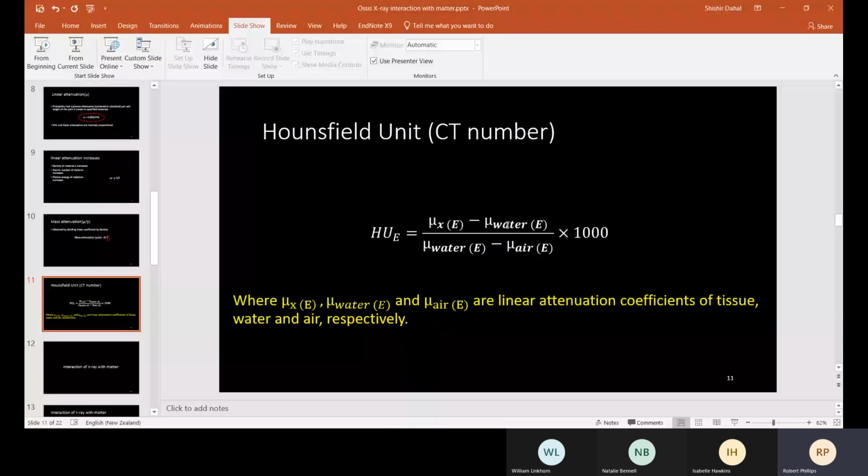So how can we find the linear attenuation of implant, water and air? Ravi? You go and find the half value layer. Exactly. So half value layer, linear attenuation, use this. We can use this equation and find the Hounsfield unit. But nowadays, all these equations are done by computer in computed tomography. But this is the basic.